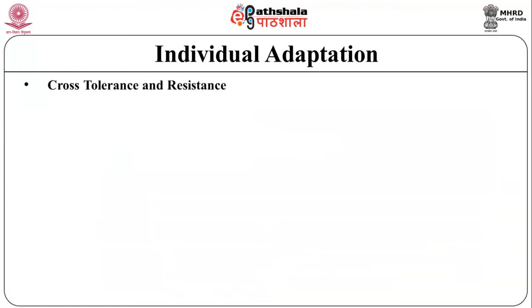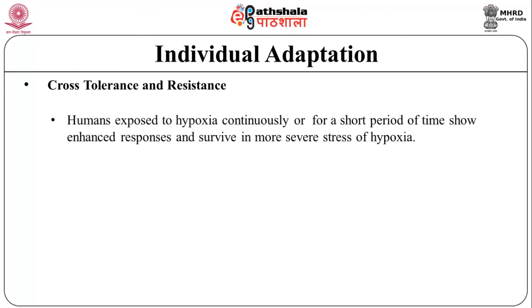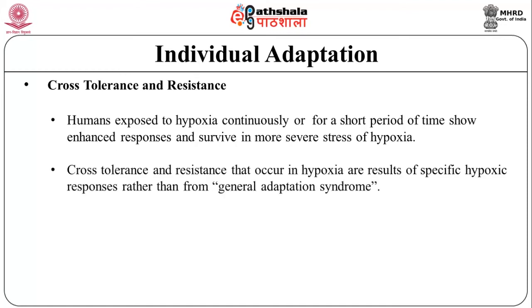Now, another adaptation is cross tolerance and resistance. Humans exposed to hypoxia continuously or for a short period of time show enhanced responses and survive more severe stress to hypoxia. The cross tolerance and resistance that occur in hypoxia are results of specific hypoxic responses rather than of general adaptation syndrome.